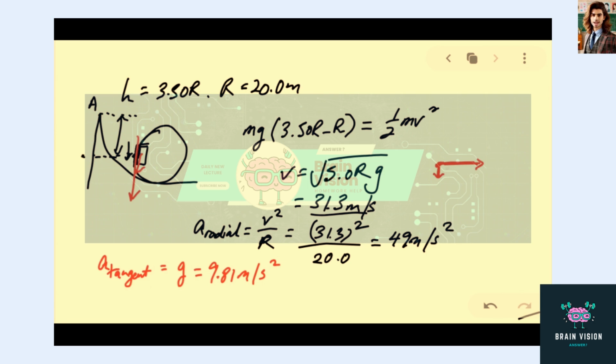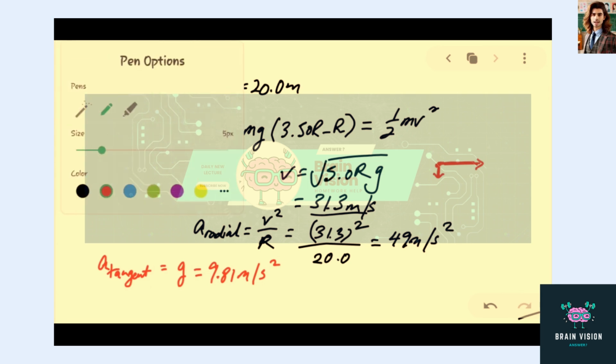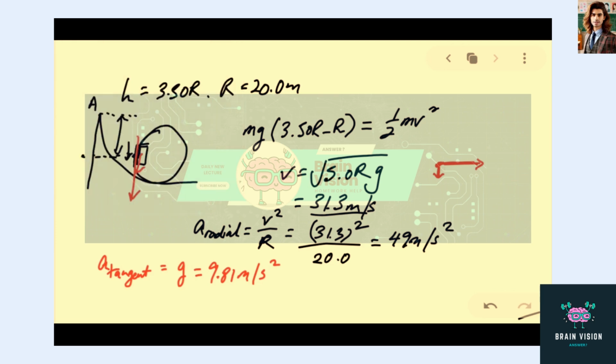And so the net acceleration is in this direction, encompassing both the centripetal acceleration as well as the gravity.